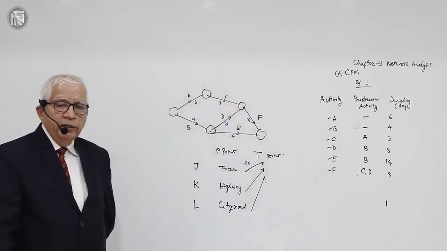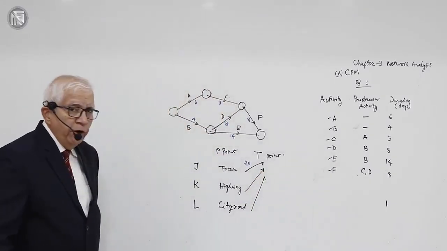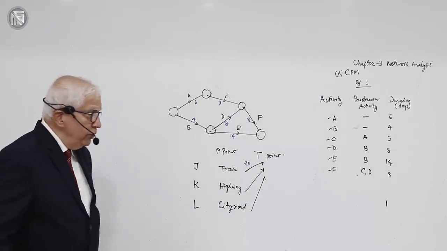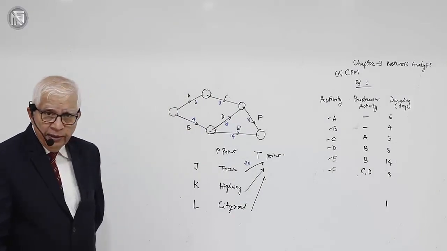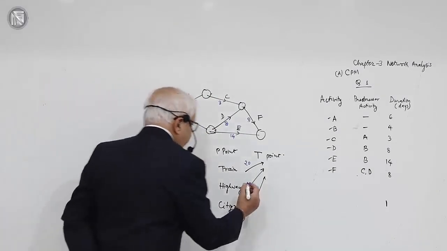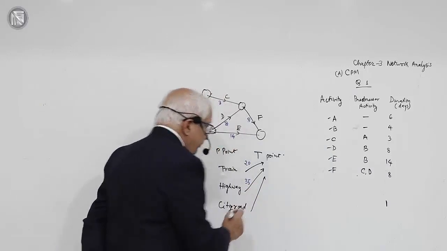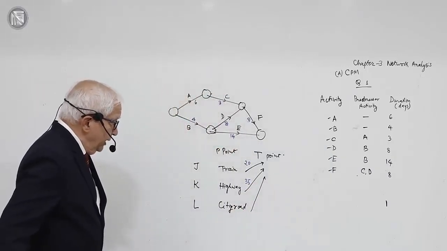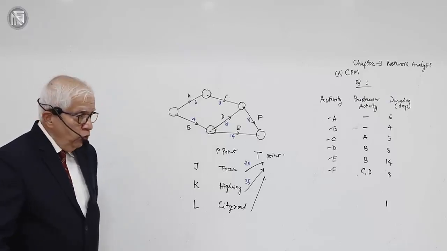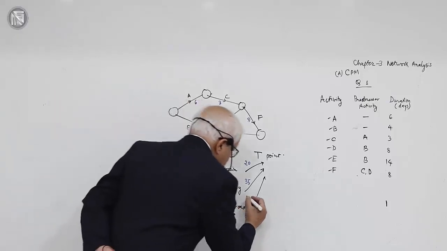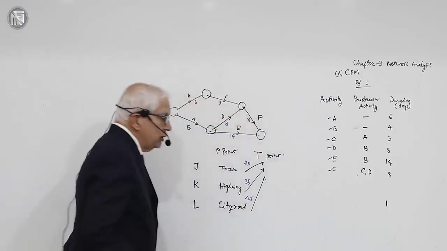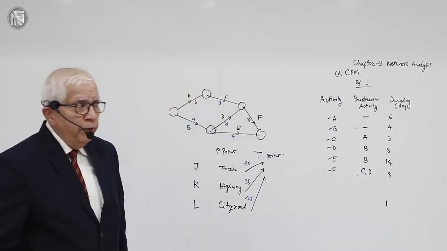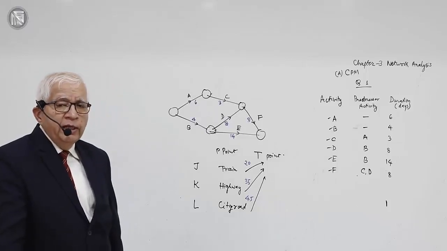They take a train, and in 20 minutes they reach point T. The next team, which is going by highway, because of the traffic and all that on the road, takes 35 minutes to reach point T. And team L, which is supposed to go by city road, takes 45 minutes to reach point T. Any subsequent activity which they are going to do at point T, we are not concerned with that, but that can start.